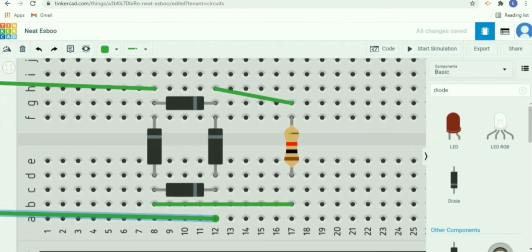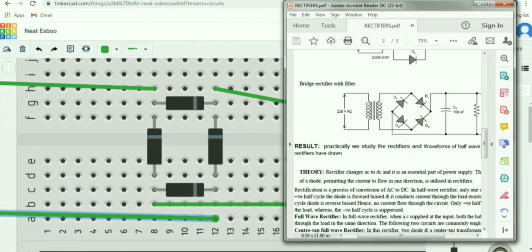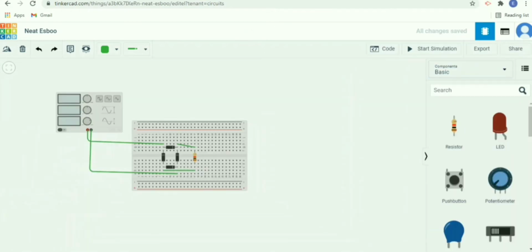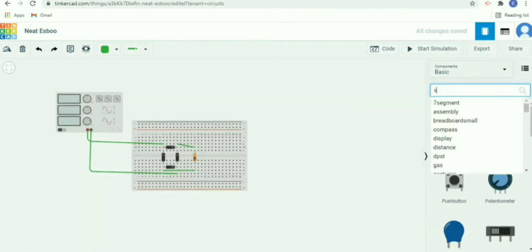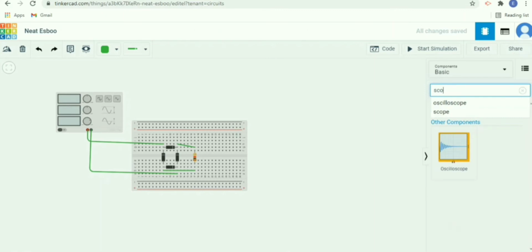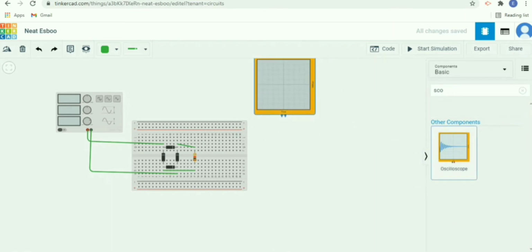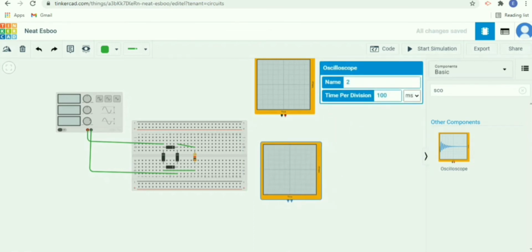Now we want to see the input and output waveform. So select the oscilloscope for input and output. This oscilloscope is for the input and this oscilloscope works for the output.